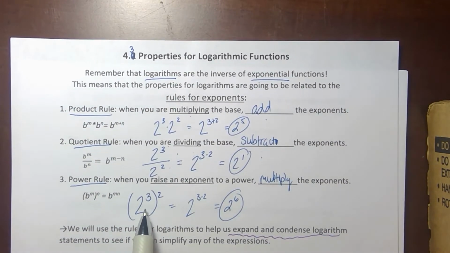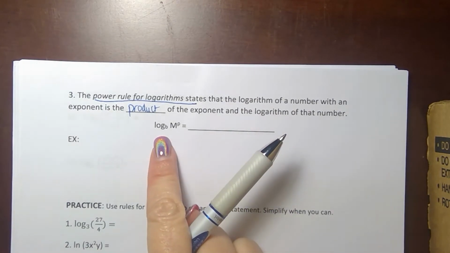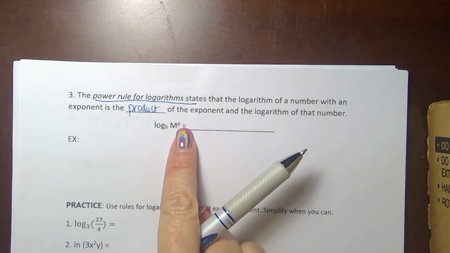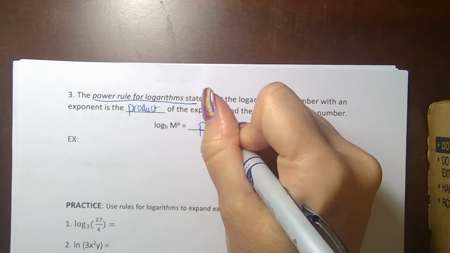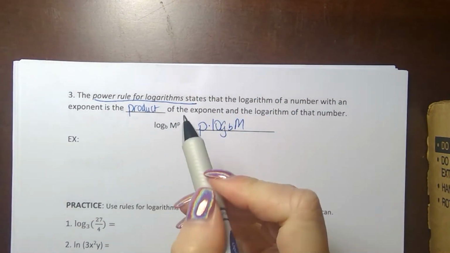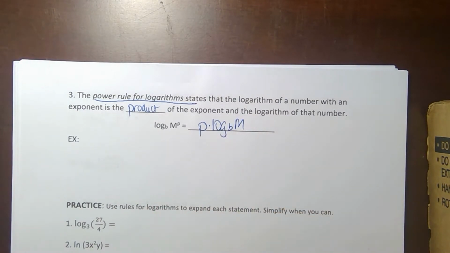When I raise an exponent to a power, I multiply. Power rule for logarithms says that if I have, for example, log base b of m to the p power, I can take that exponent p and write it as a coefficient, multiplying it out front of my log statement. So I took that exponent and pulled it out front as a coefficient.